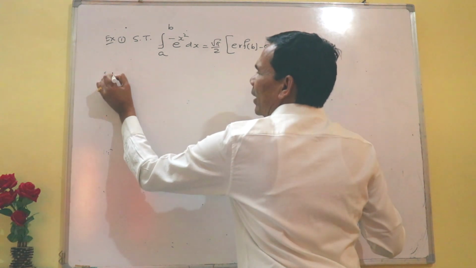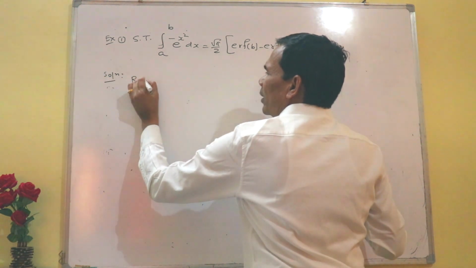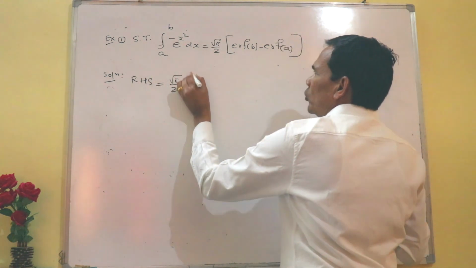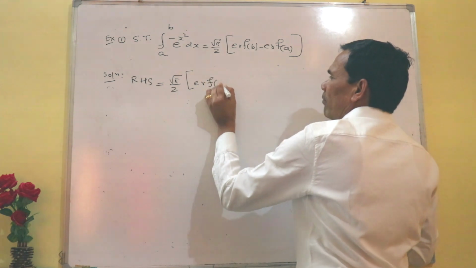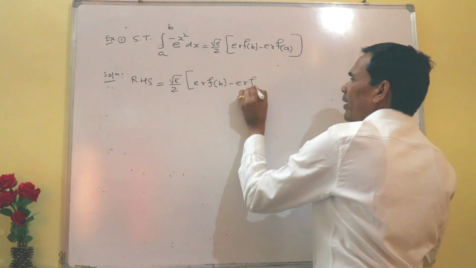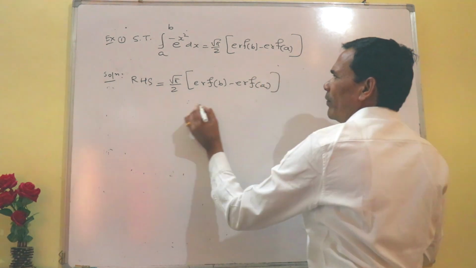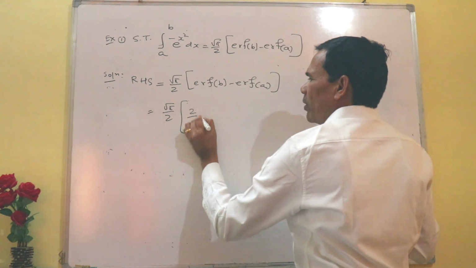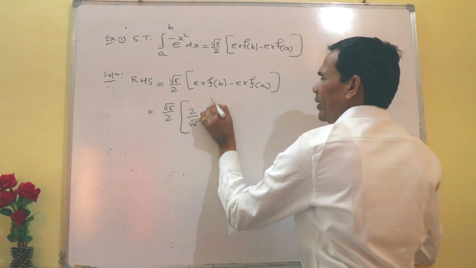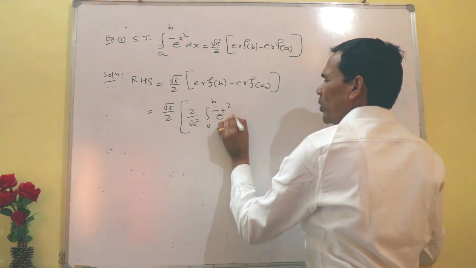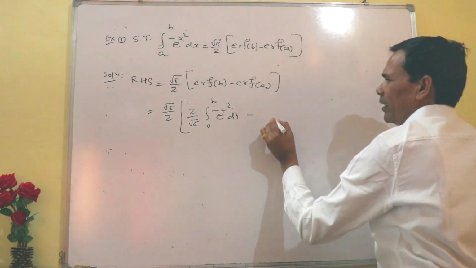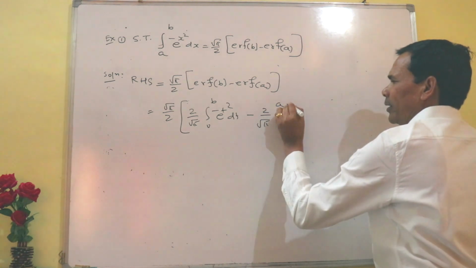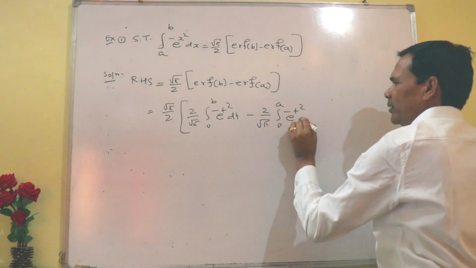So the RHS is root pi upon 2 times the error function of b minus the error function of a. I use the definition of the error function. It is root pi upon 2, the error function of b is 2 upon root pi integral 0 to b e raised to minus t square dt, minus the error function of a, which is 2 upon root pi integral 0 to a e raised to minus t square dt.